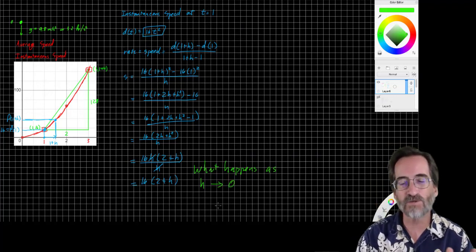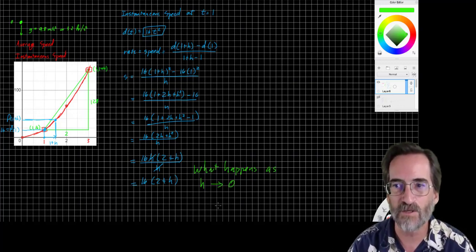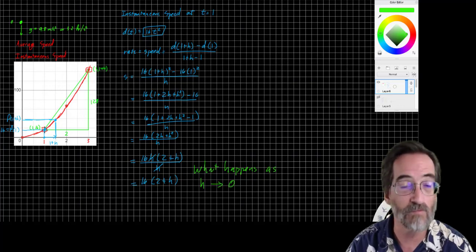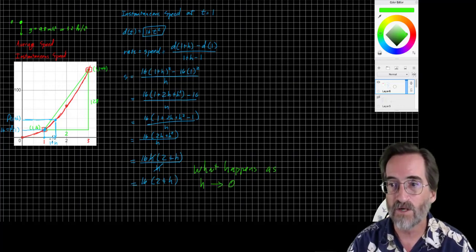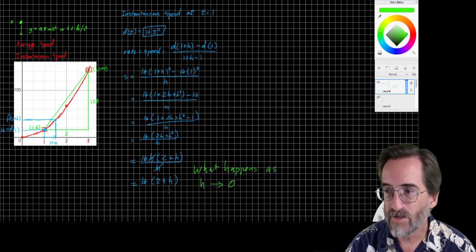It gets closer and closer to 0. It doesn't actually reach 0 because you can't find the slope between 2 points if the 2 points are exactly the same. But we're going to take the slope as h gets really, really tiny, all right? And in reality, in this case, I can substitute 0 for h.